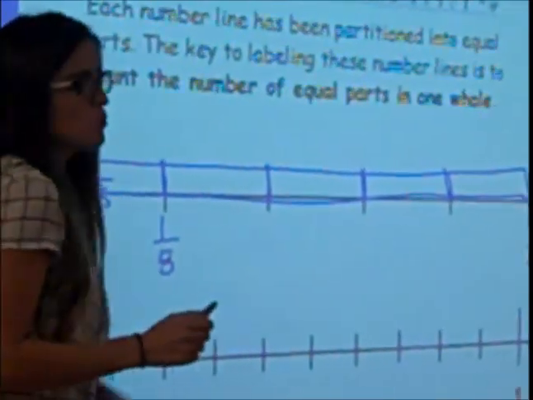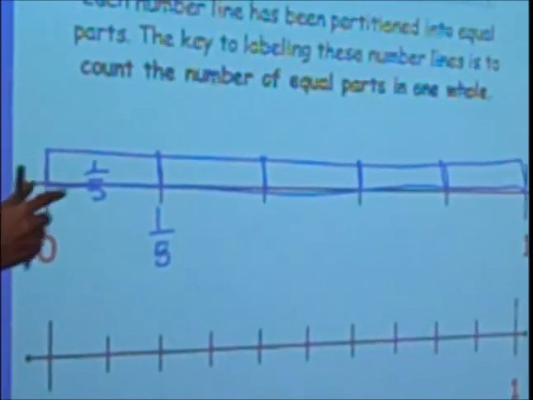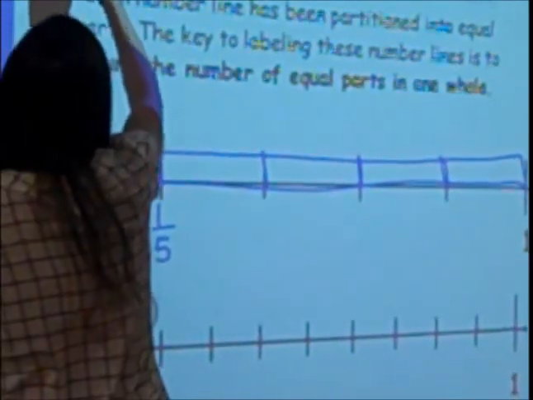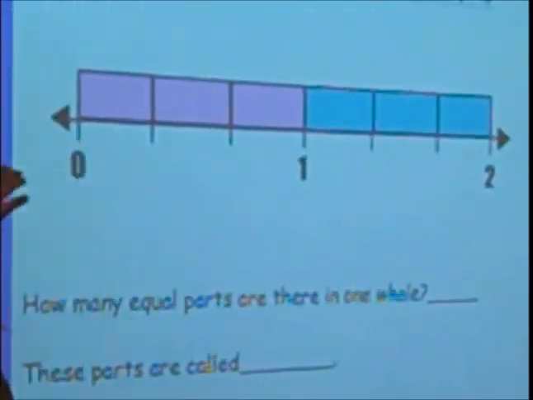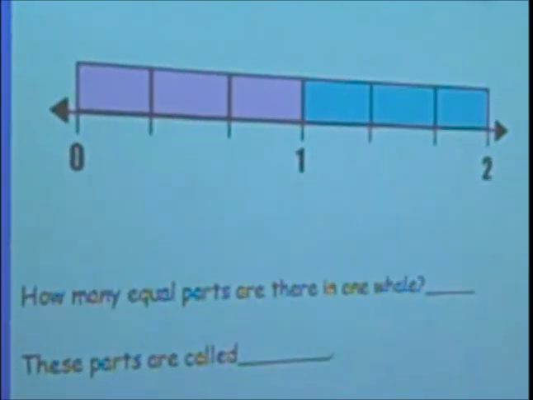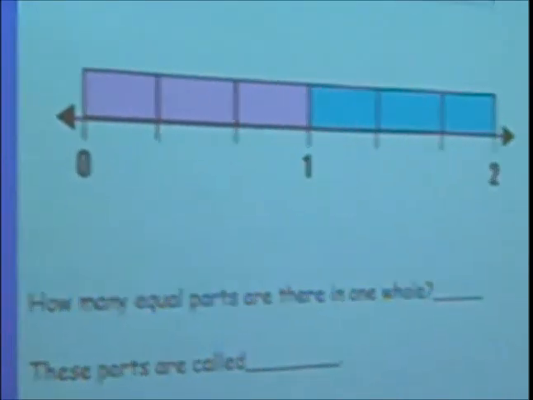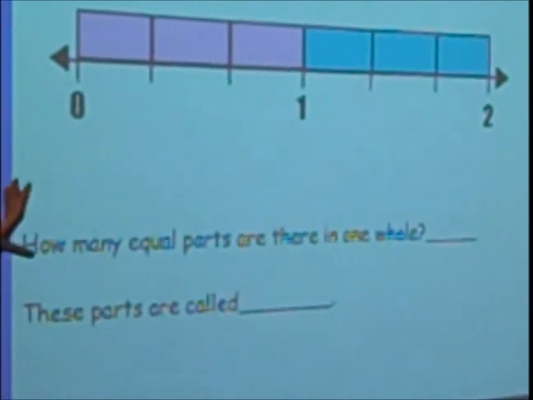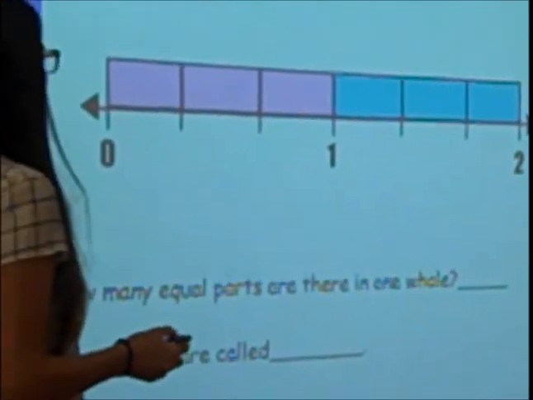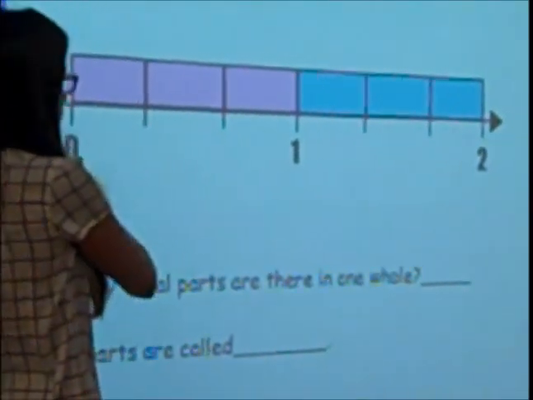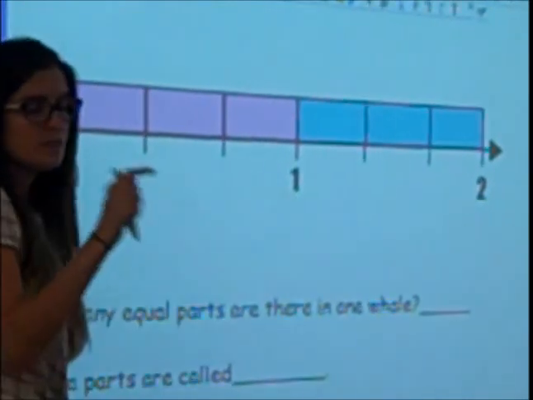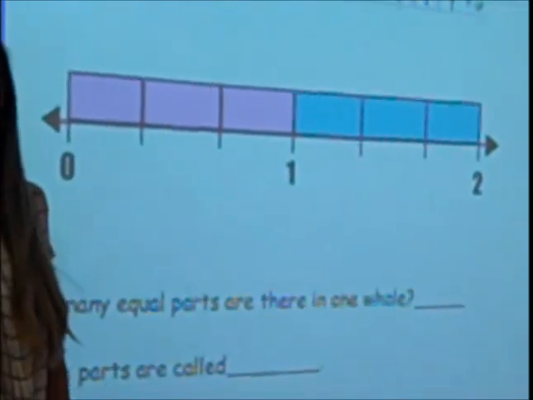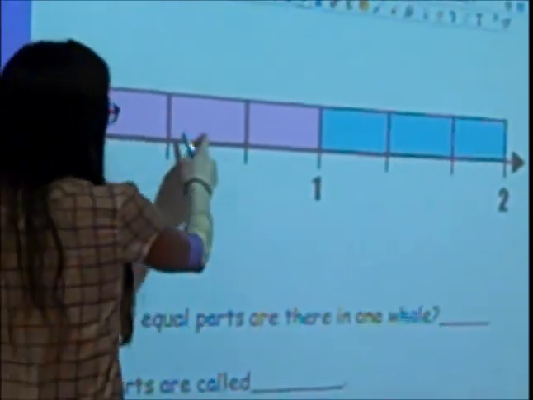So we expose them to the number line from 0 to 1 whole. And then we take it to where your number line extends past 1 whole. My class did this today, and we're going to continue with this tomorrow. So when we're looking at this, we want to just go from 0 to 1 to begin with, to see how many equal parts there are. We have 1, 2, 3.